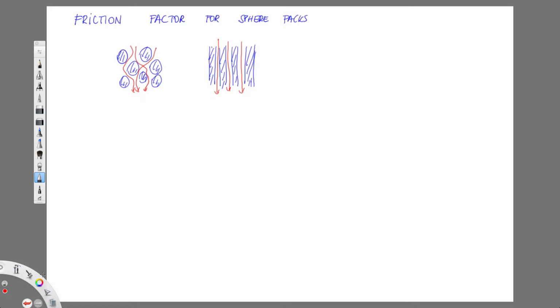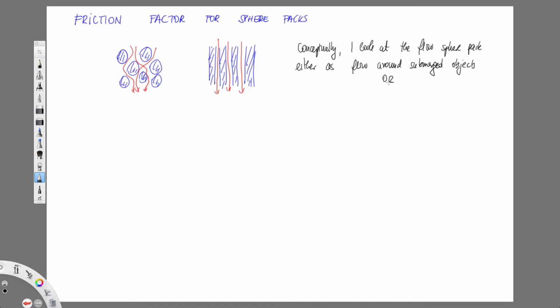So basically, conceptually, I look at the flow through a sphere pack either as flow around submerged objects, that is spheres, or flow through some average tubes.